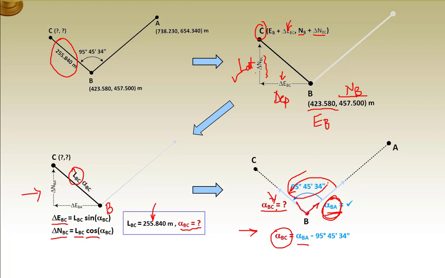That means we subtract, because the counterclockwise angle will reduce the azimuth. So it is alpha BA minus the angle between these two lines, which is given as 95 degrees 45 minutes and 35 seconds. Now we have to find alpha BA. If we find alpha BA, we can find alpha BC through the angle between these two courses.